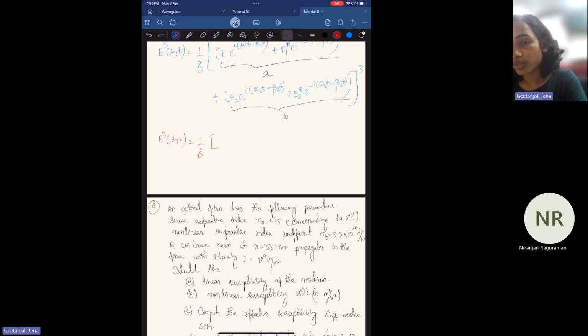Is there any rule about when it is better to use complex representation and when it's better to use cosine? Okay, you are asking in which situation we can use the complex representation and in which situation we can use the cosine function.